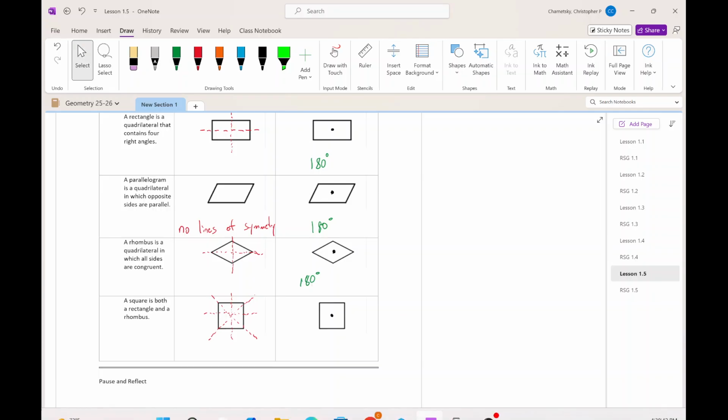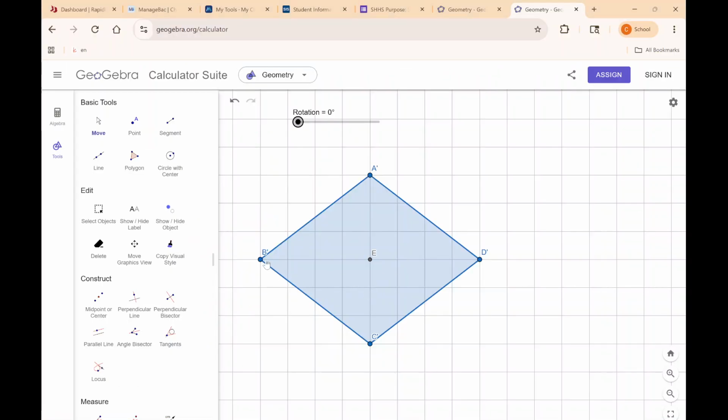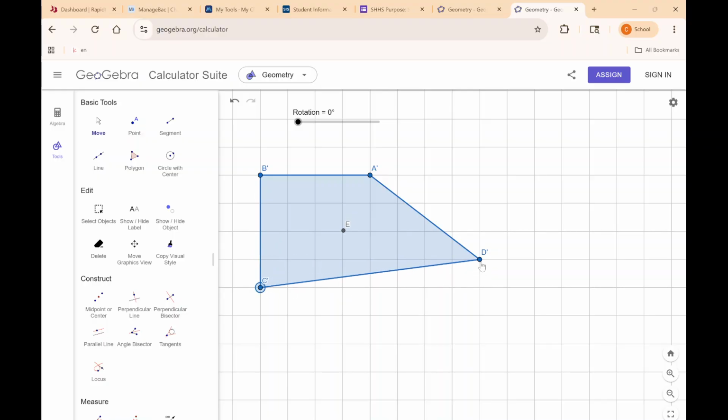All right. And our last one is the square. So let's make our square. Nice 4x4 square. Okay. All right, let's do our rotation.